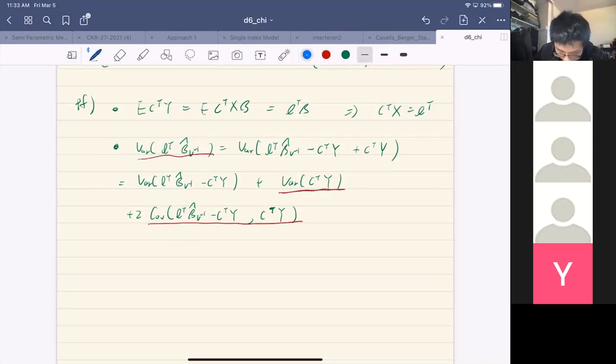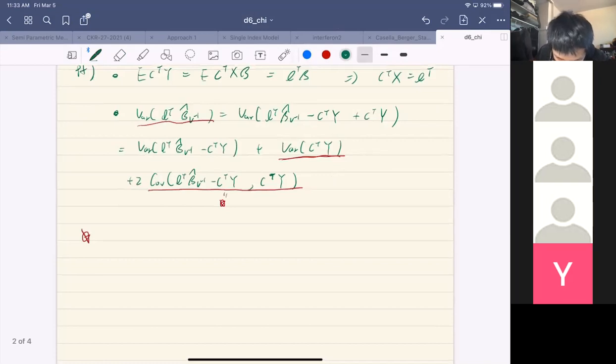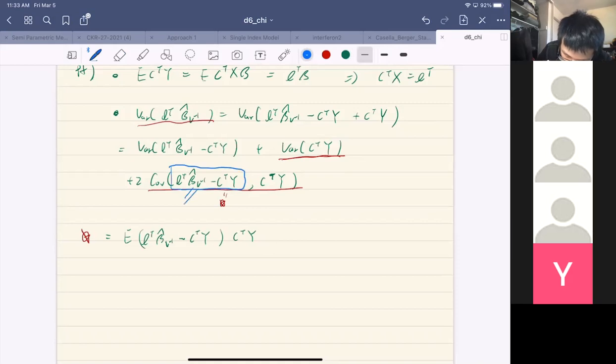So let's say this is star. Star is equal to this.